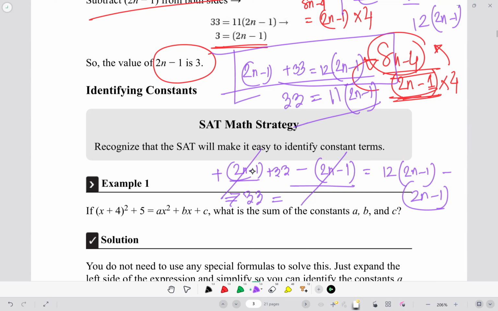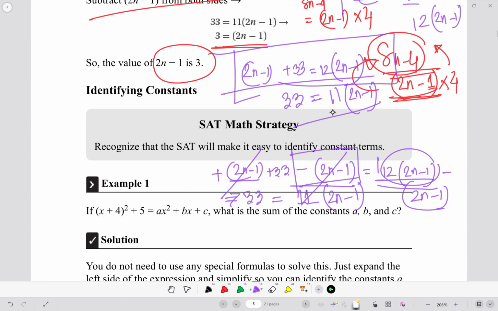Do you understand? Okay, then 12 minus 1. This is 11, 11(2n minus 1), right? Where did you get the 1 from? Because it was 12 and now it's 11. I'm subtracting 2n minus 1 from 12 times (2n minus 1).